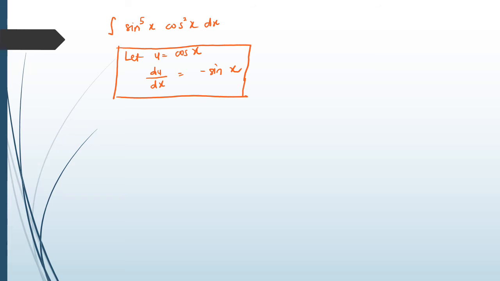Hence, I will be rewriting sine to the power of 5x cos square x to the form of sine square x, sine square x, sine x cos square x.